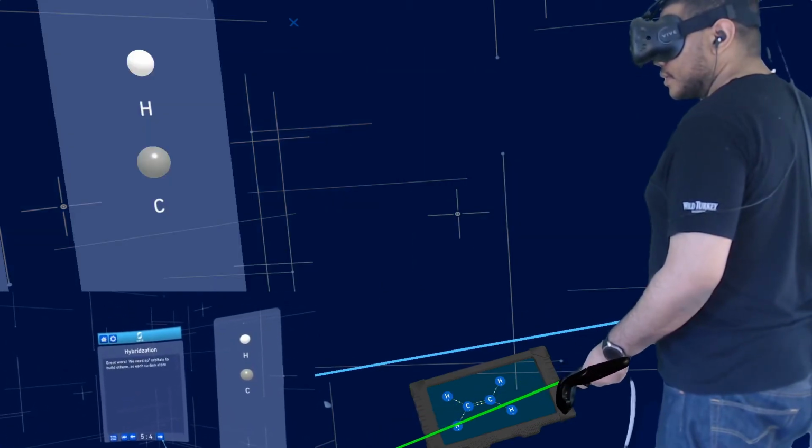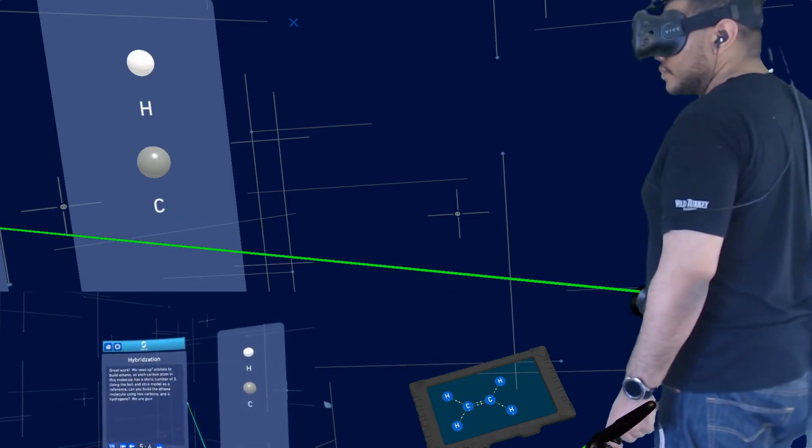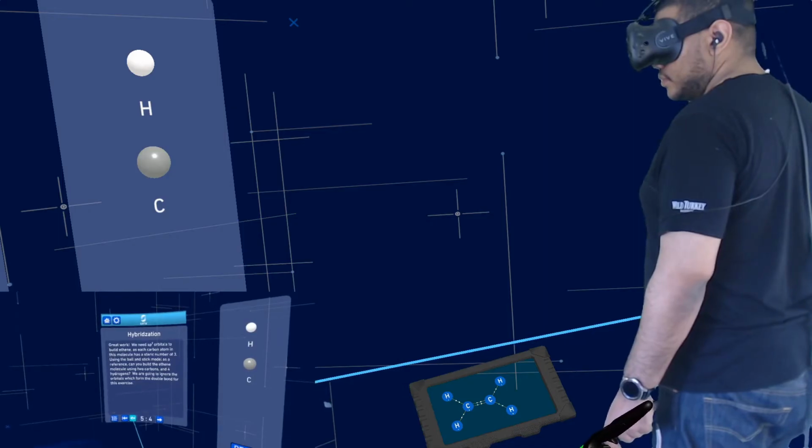Great work! We need sp2 orbitals to build ethene, as each carbon atom in this molecule has a steric number of 3.